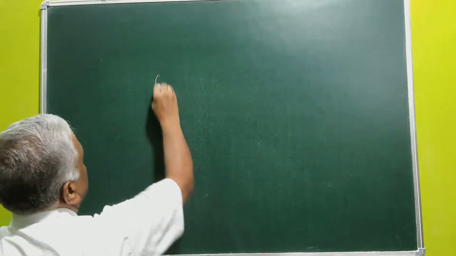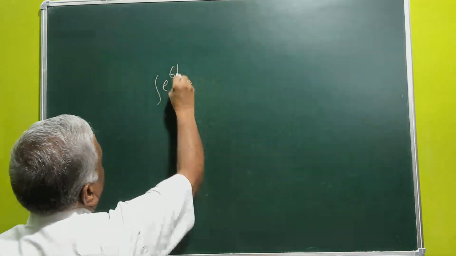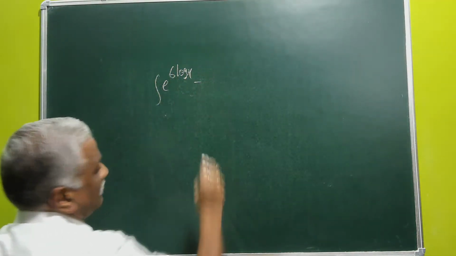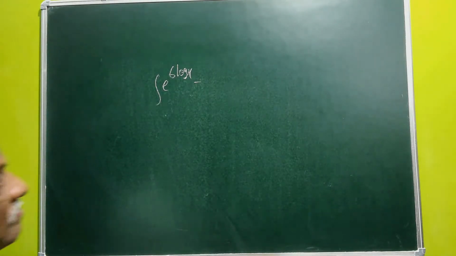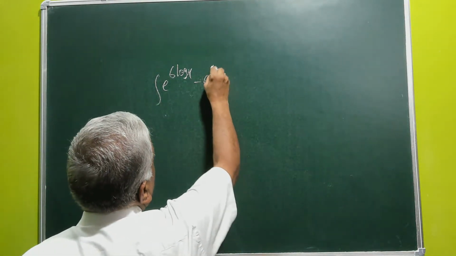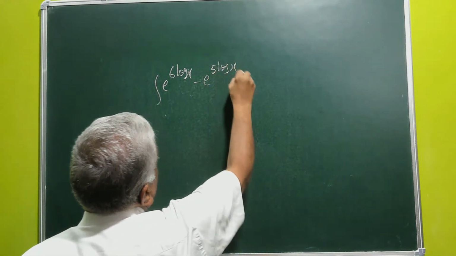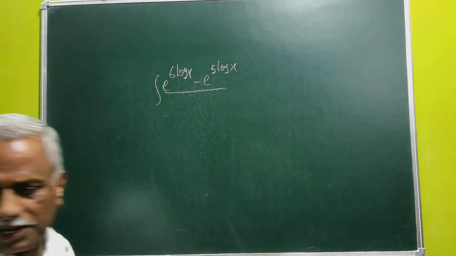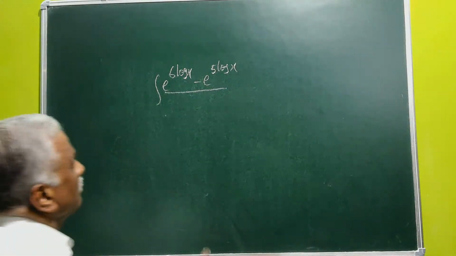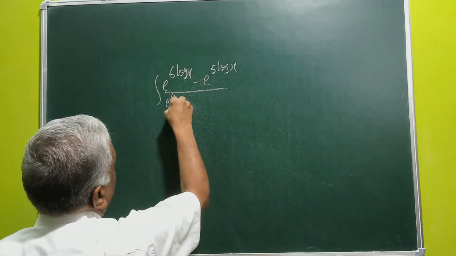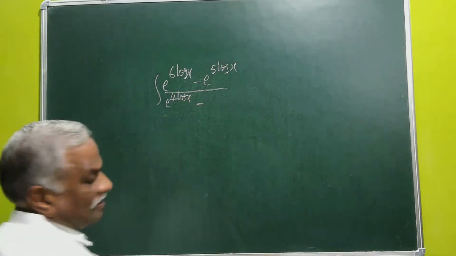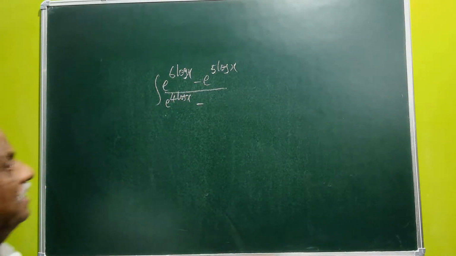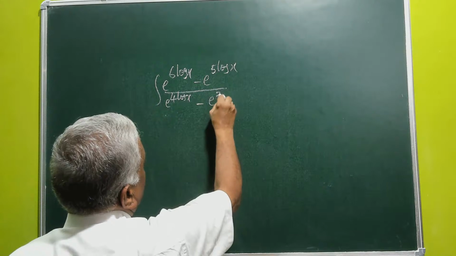The next problem given is a very simple one. E to the power of 6 log x minus e to the power of 5 log x divided by e to the power of 4 log x minus e to the power of 3 log x.